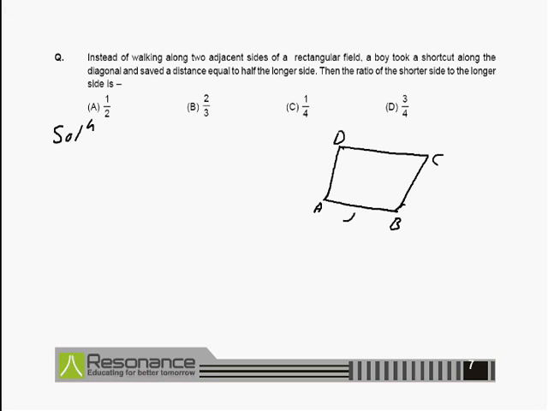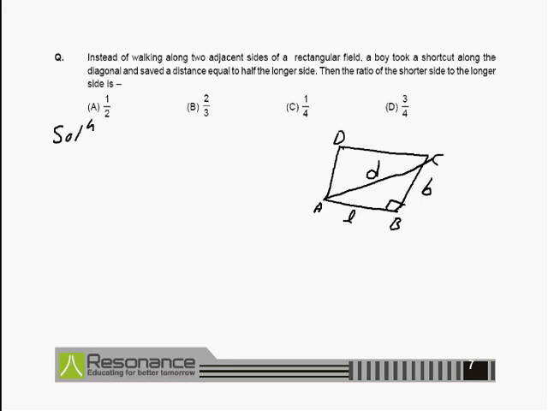The length of AB is, let's say, L, and the length of BC is, let's say, B. Now it is given that instead of walking the two adjacent sides of a rectangular field, a boy took a shortcut along the diagonal. Let's say the diagonal is AC, that is diagonal D, and we know that in a rectangle each angle is 90 degree.